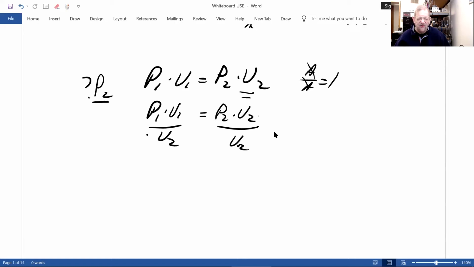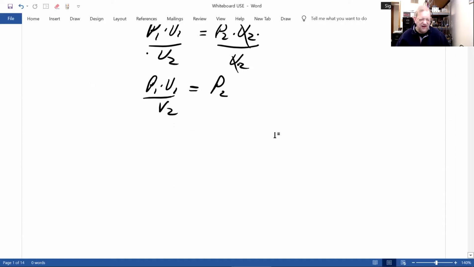Now V2 over V2 cancel out. And therefore we have P2 equals P1 times V1 divided by V2. Dr. White likes to write it this way, you don't have to. And now this is the equation we use to solve for P2.